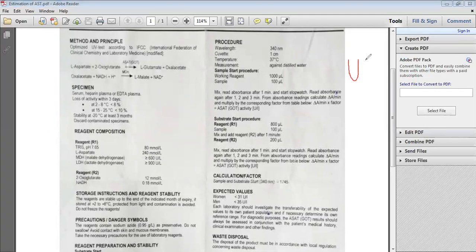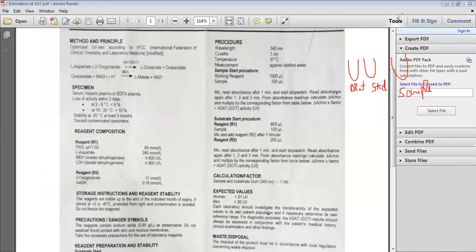This is the first test tube, and it is labeled as blank. This is the second test tube, you will label it as standard test tube, and it is the third test tube. You will label it as sample test tube.